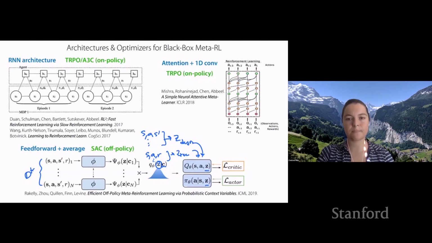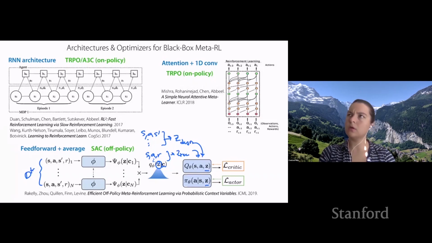Mm-hmm. Would it make sense to actually use, for example, the KL divergence between the updated task-specific parameter and the prior to determine the learning rate and that kind of stuff? Right.